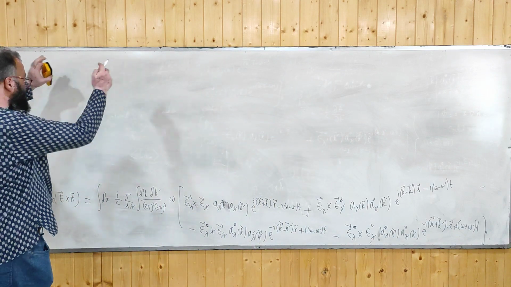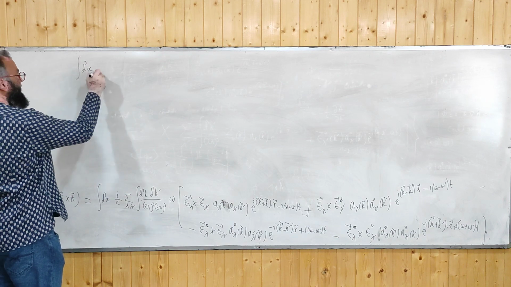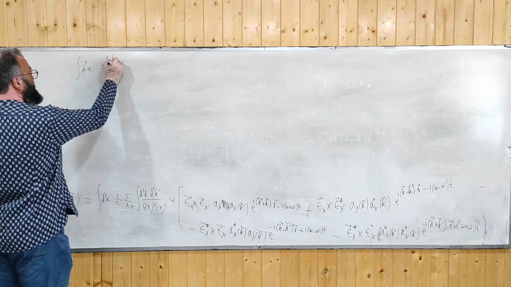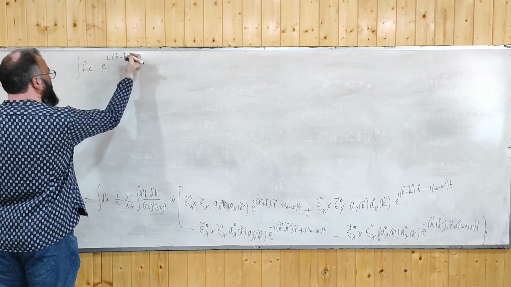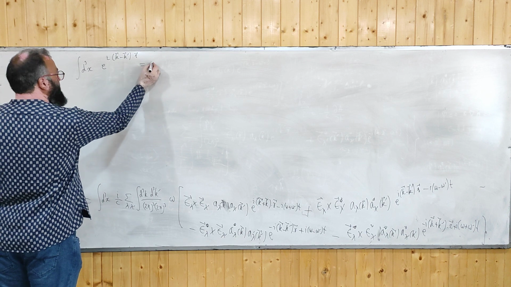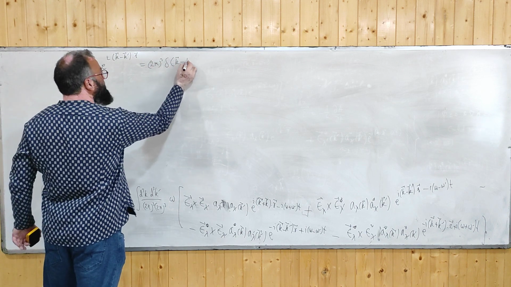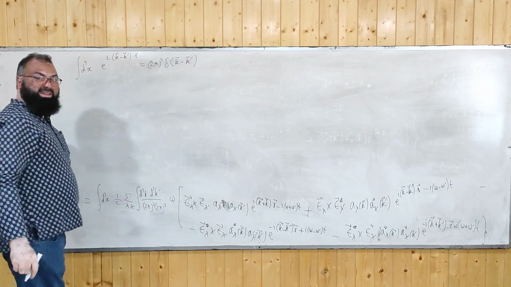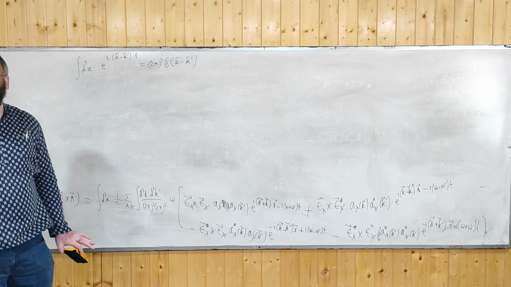So let's integrate over x, d3x, e raised to the power i (k minus k prime) dot x, or r. That is equal to (2 pi)^3 delta(k minus k prime). Clear? You got it?